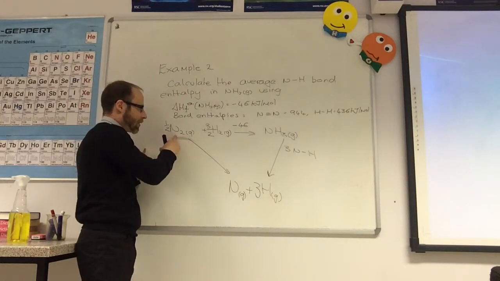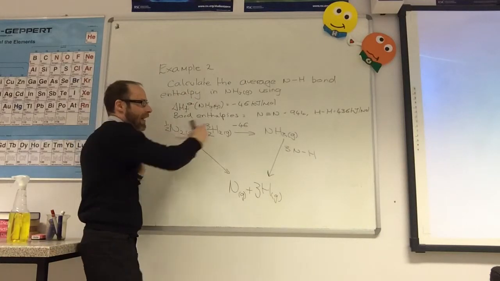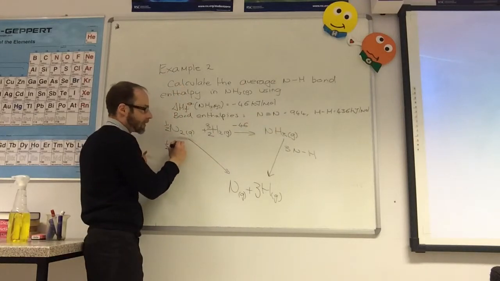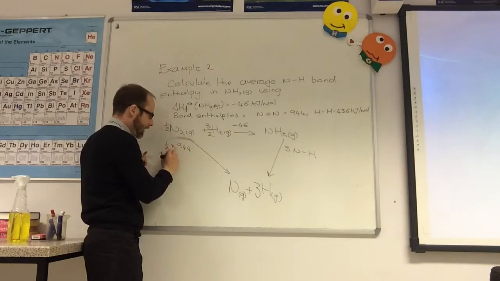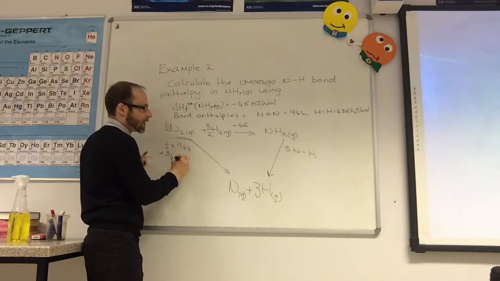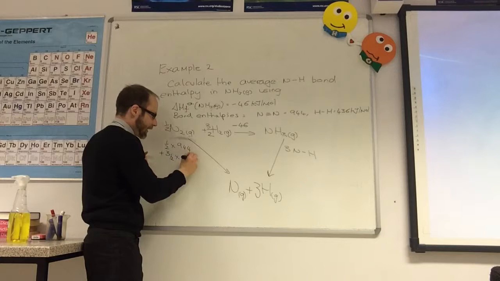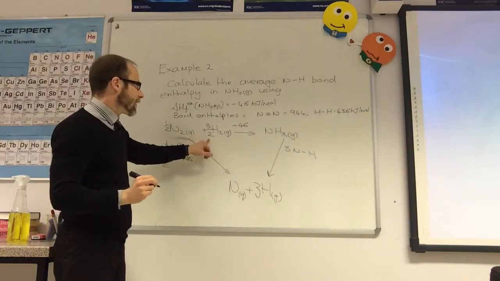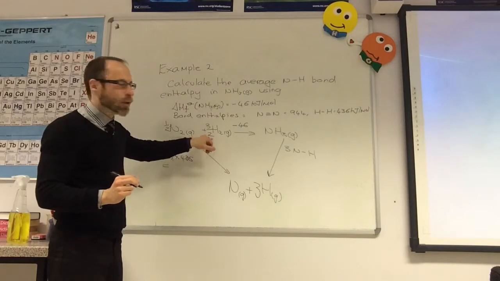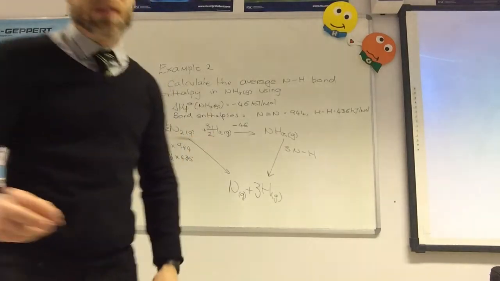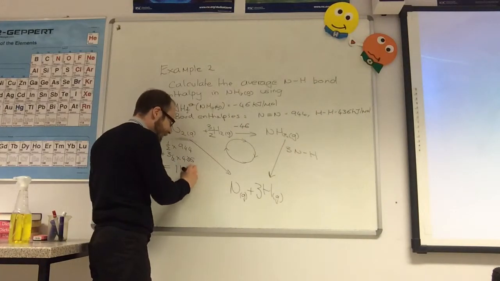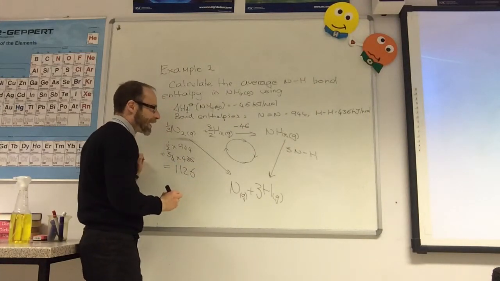This arrow, I've got half an N2 bond, so it's a half times 944 plus 3 over 2 times 436. So just times the bond by that number. Right, we'll whiz through that and see what we get. Okay, so this comes to 1126. Yep, we're happy with that.